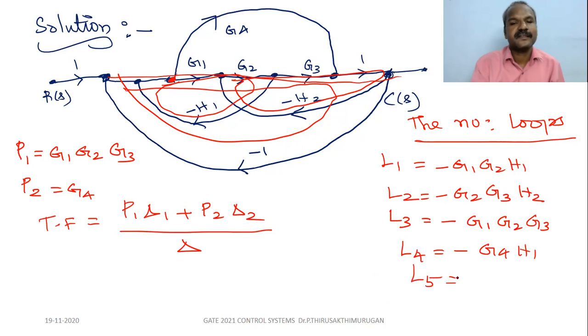L5, what is L5? Please find out, my dear students. What is another possible loop? L1 is minus G1, G2, H1. L2 is minus G2, G3, H2. L3 is minus G1, G2, G3.